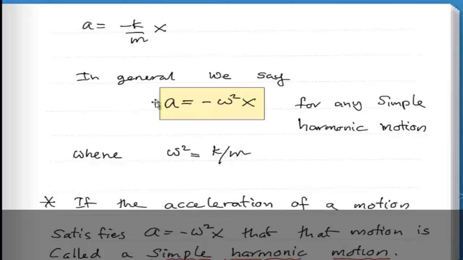But anyway, in general, for any simple harmonic motion, acceleration is given by negative some constant squared times x. So if the acceleration of a motion satisfies a equals negative omega squared x, that motion is called simple harmonic motion.